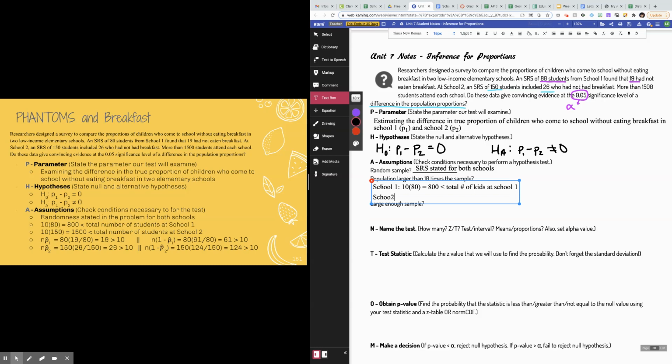And then for school 2, I'm doing 10 times my sample size, which is 150, which is 1,500. I know we're right on the cusp, but they do say that more than 1,500 students attend each school. So 1,500 is less than the total number of kids at school 2.